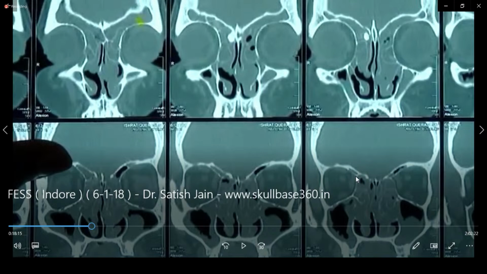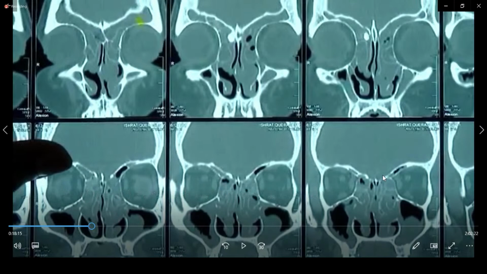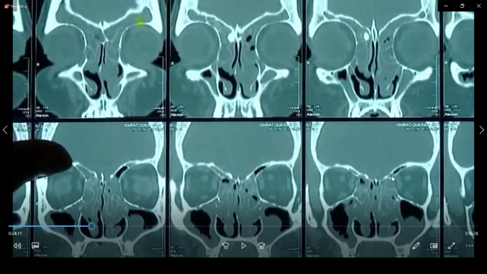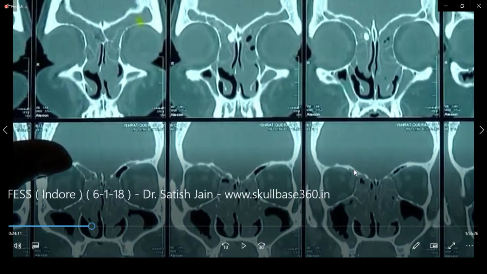See the beaking of the orbit here, leading to the anterior ethmoidal artery, which travels in the roof of the ethmoid to pierce the lateral lamella of the cribriform plate. And see, here is the pneumatization above the level of the artery. That means the artery is very prominent in this particular situation.